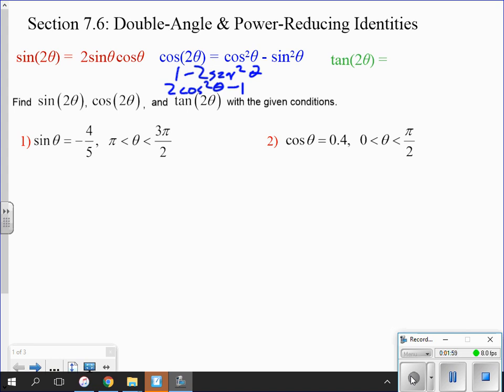You're going to love this one. It's 2 times the tangent of theta over 1 minus the tangent squared theta. Tangent's always more complicated than sine and cosine.